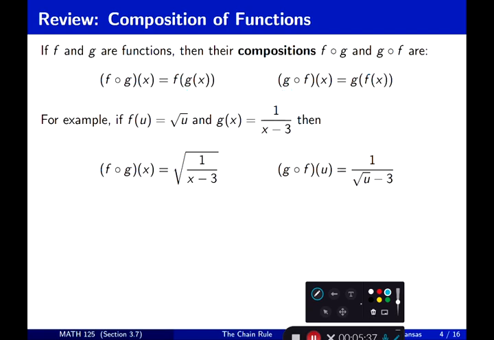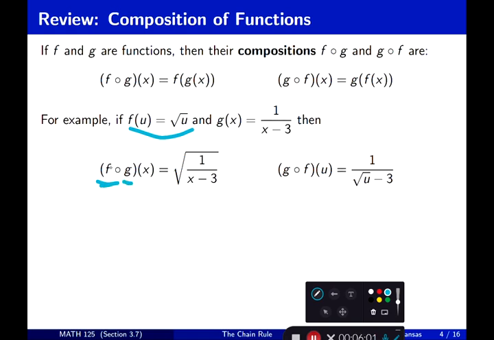So now let's do one example to remember how it works. Let f of u equal the square root of u and g of x be 1 over x minus 3. f of g of x: what is the outside function? f. What is the inside function? g.